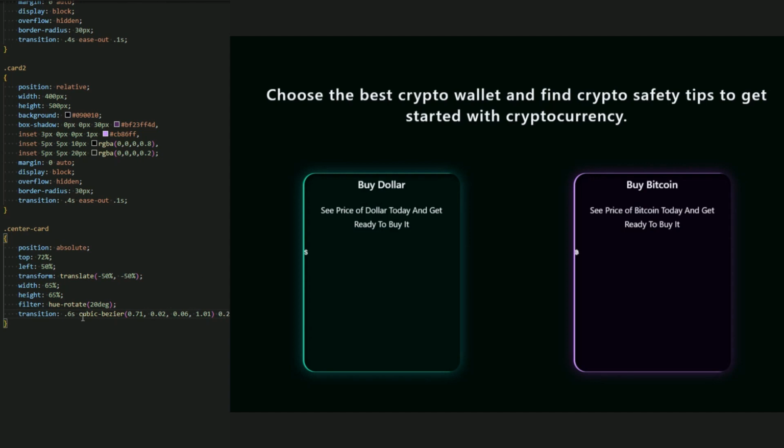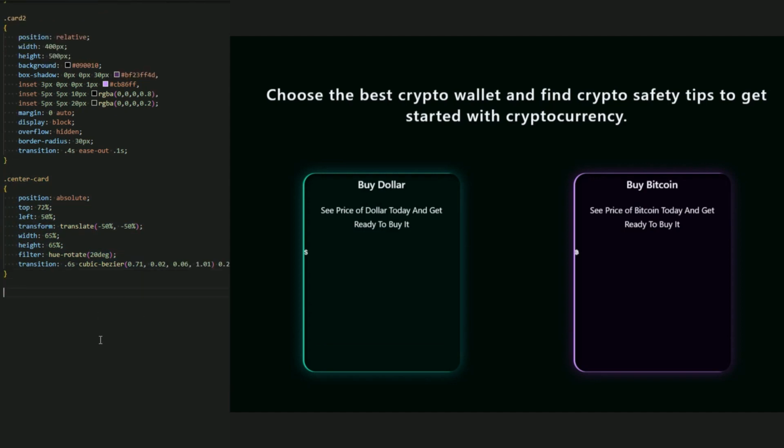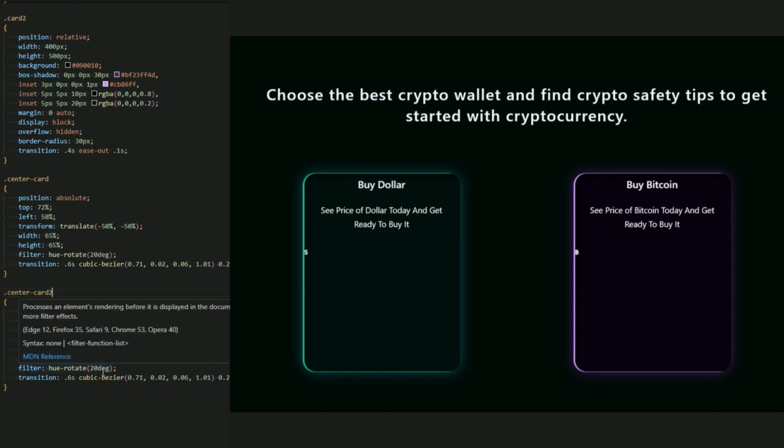And now for the card 2, we add a center card 2 because I want to add animation reverse instead of forwards. So this is why I create a custom new name for this center card 2. No need to change it. I think everything looks fine for this. Let me just change a color for this with the hue-rotate.